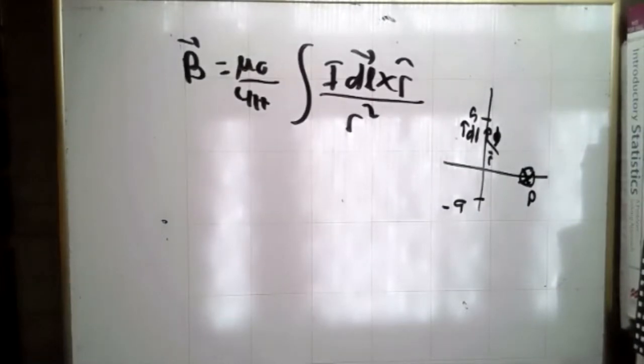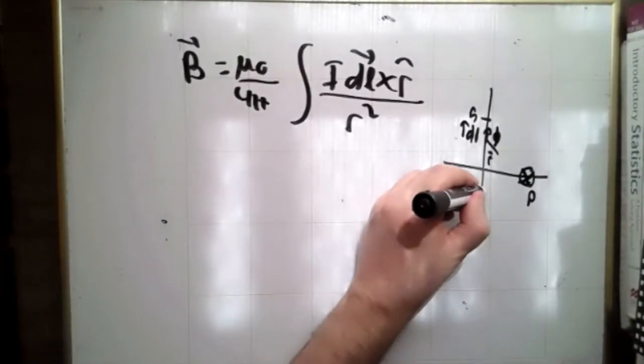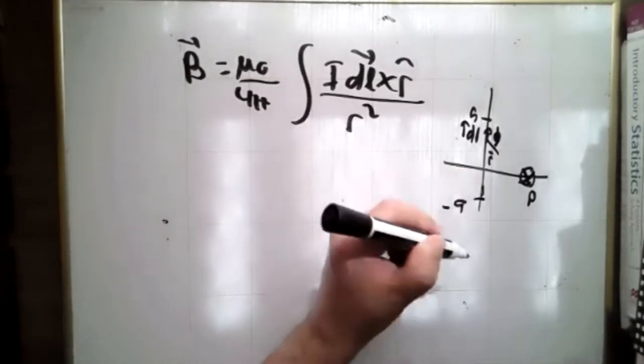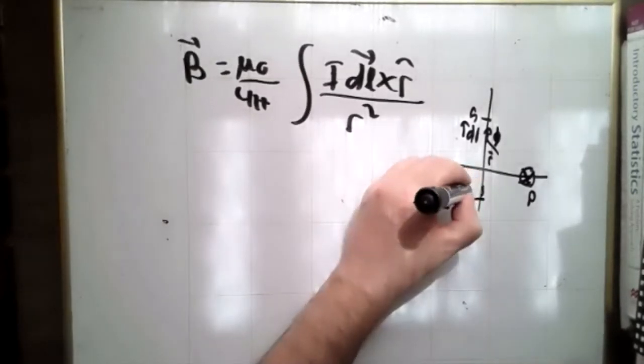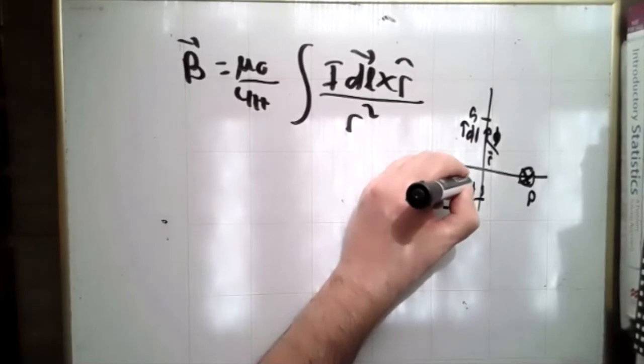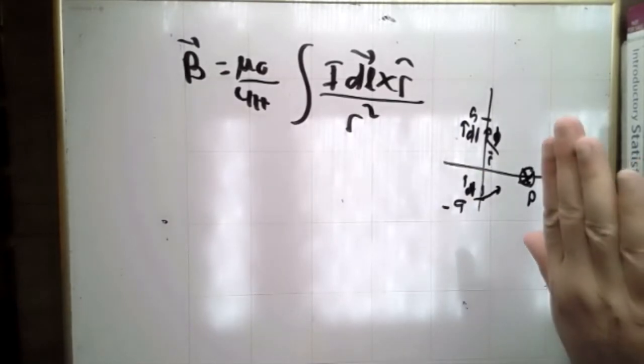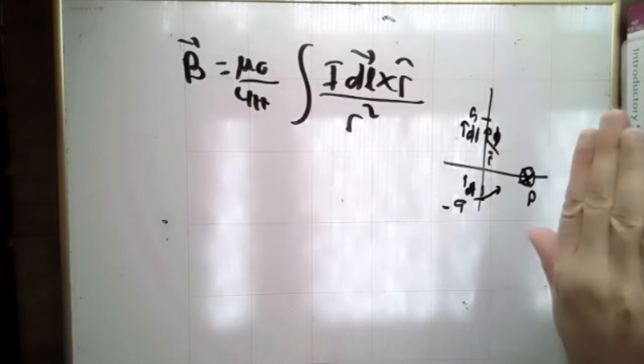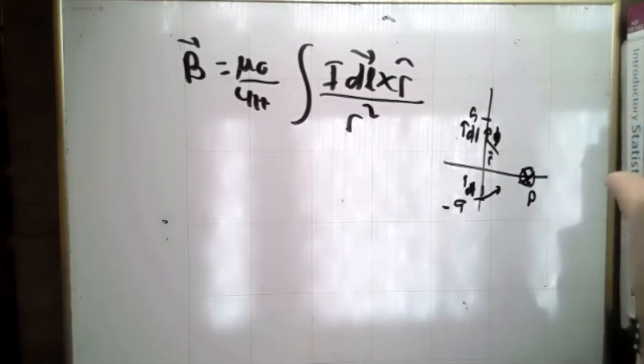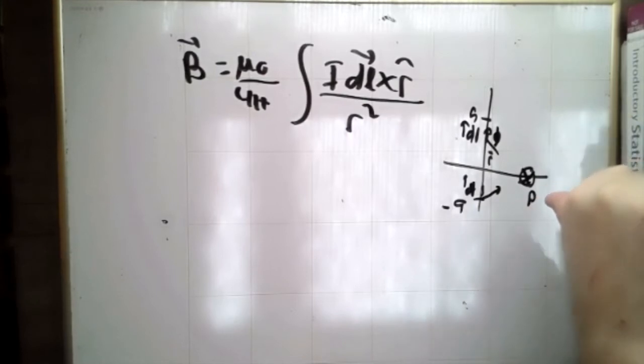Okay. What about if I were down here? So dl still points up. r now will point like this. dl cross r still points down. So we're okay.